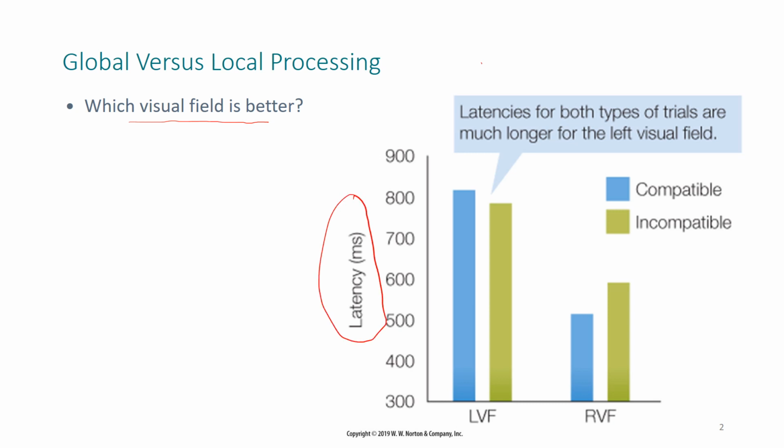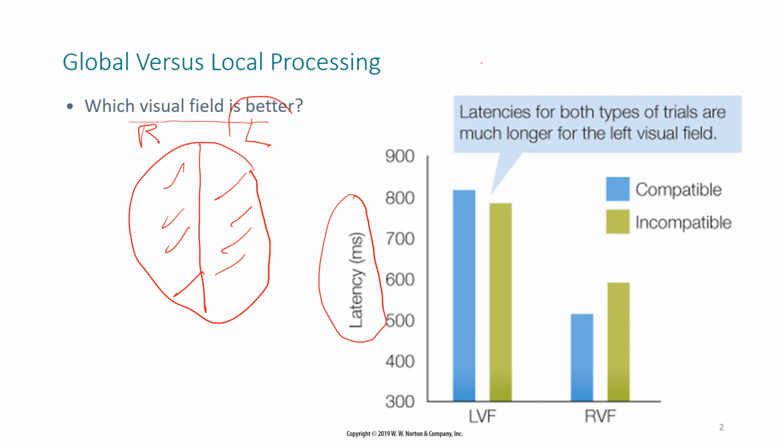Latency means the time that the patient takes to respond to the stimuli, to tell you yes or no, or to tell you the name of the object, etc. So when you show them two comparable letters in the left visual field versus the right visual field, let's recap. This is a brain, this is the right and this is the left hemisphere. This is the anatomical position again. Don't forget that.